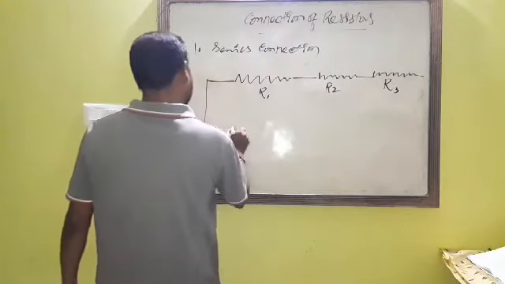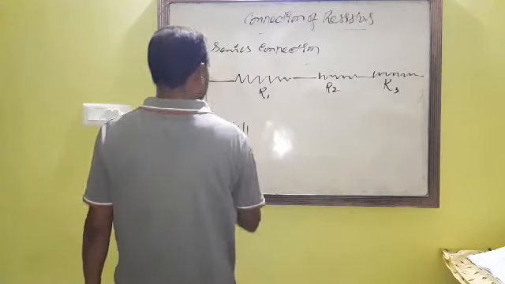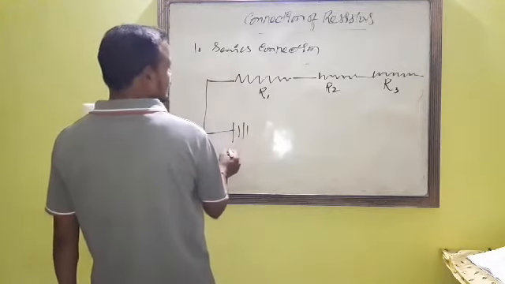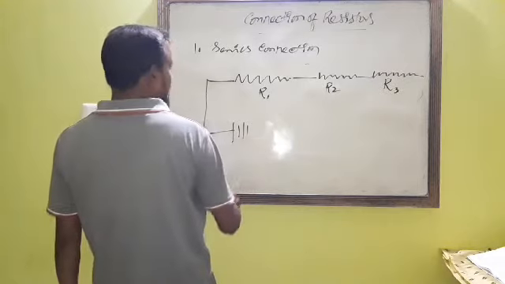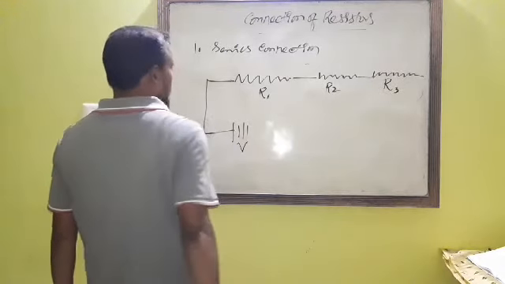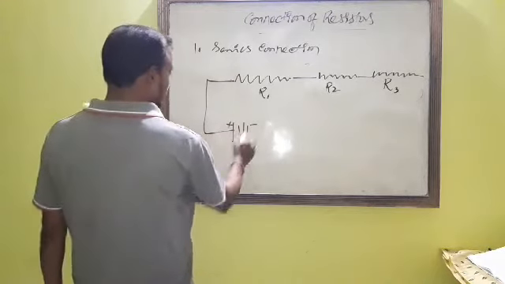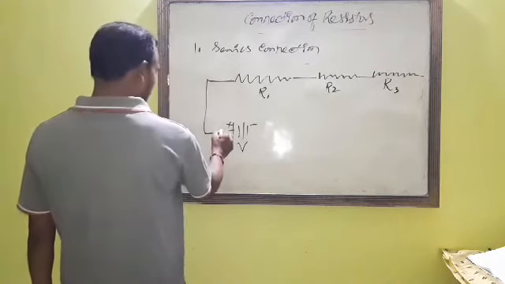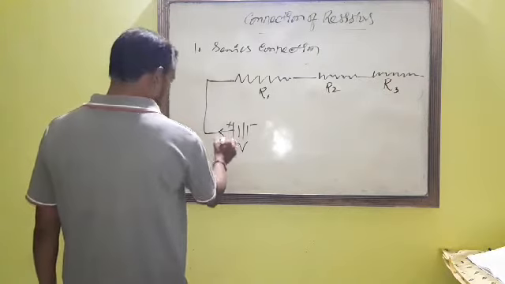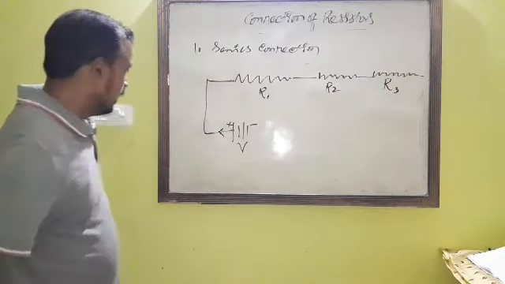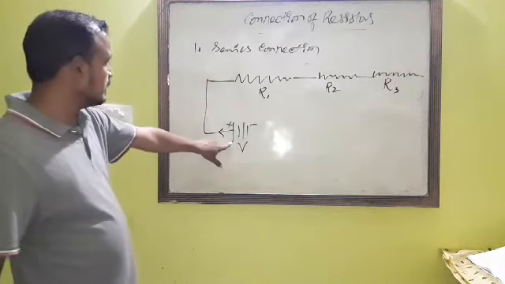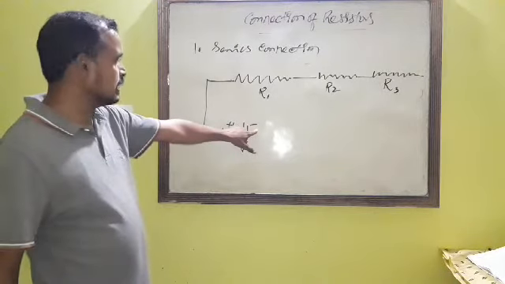So now you supply a battery. This is one cell and this is another cell, and combining cells, it is a battery, and it has potential difference V. This is the positive terminal, this is the negative terminal. Current flows from positive terminal to negative terminal, because the positive terminal has higher potential and the negative terminal has lower potential.